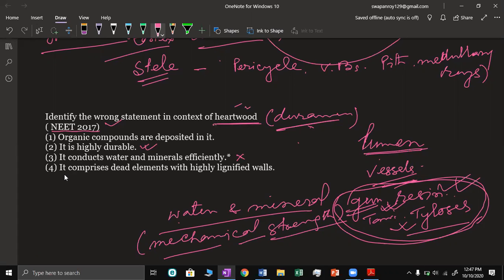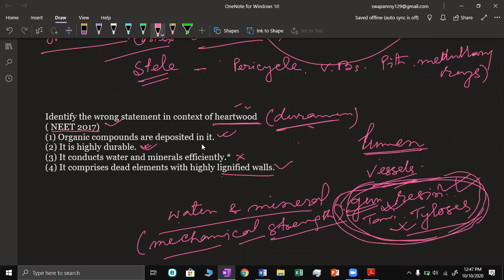Then another statement is it comprises dead elements with highly lignified wall. This is true. It is highly durable. This is true. There is organic compound deposited in it. As I told, the gums, resins, and other different chemicals are deposited within the vessels.